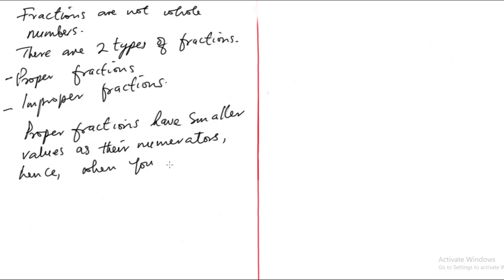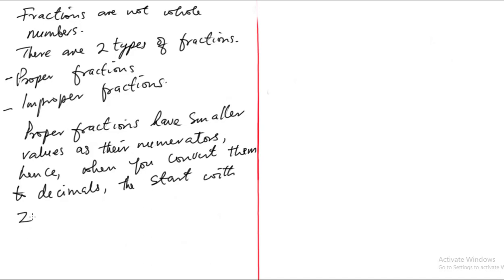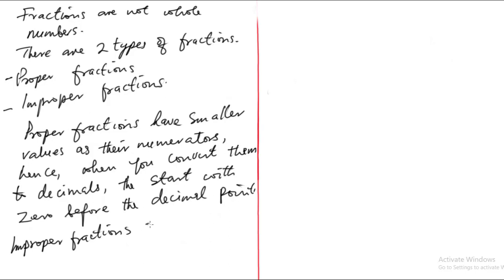Hence, when we convert proper fractions to decimals, they begin with 0 before the decimal point. Improper fractions are the exact opposite of proper fractions.